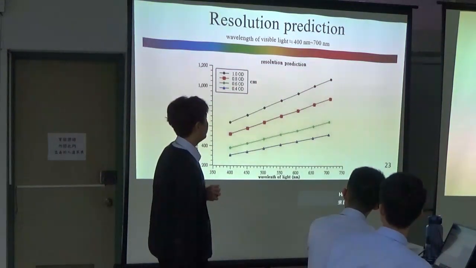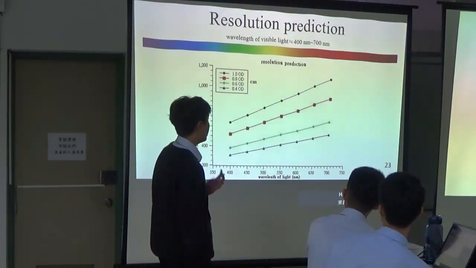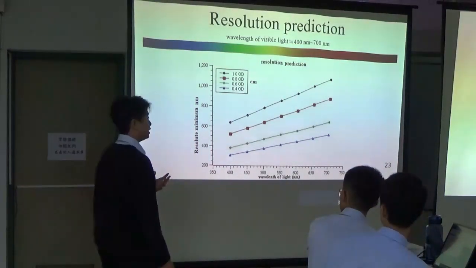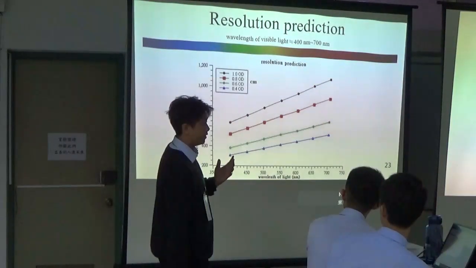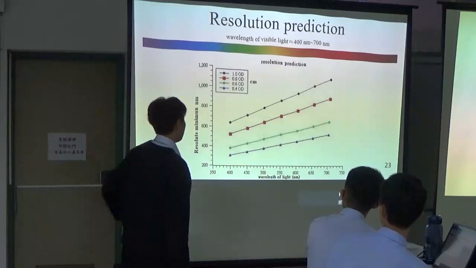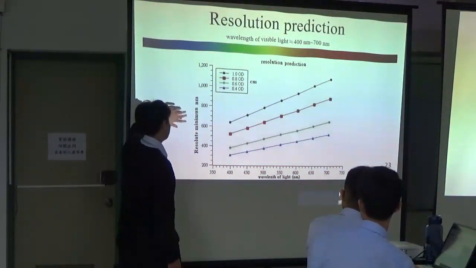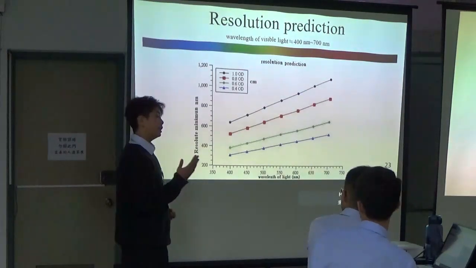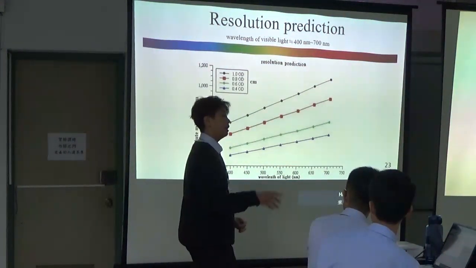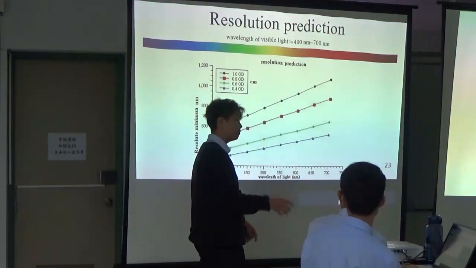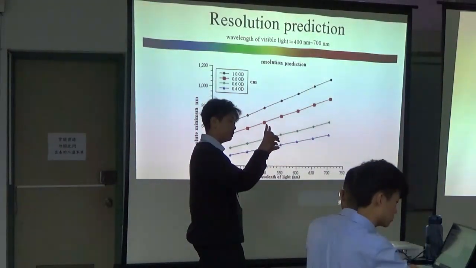The wavelength of visible light is about 400 nanometers to 700 nanometers. This is the wavelength of light, and this is the minimum resolution. The definition of the resolution is how small a gap you can tell between two lines.